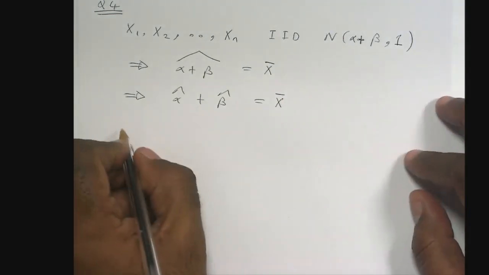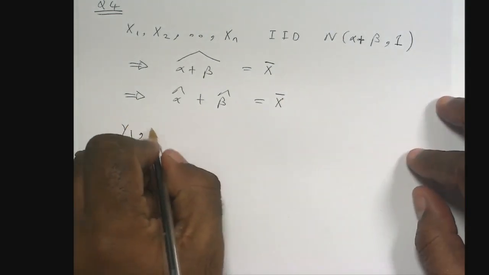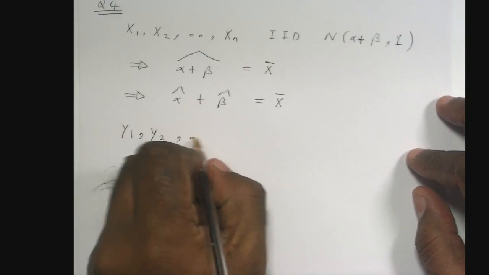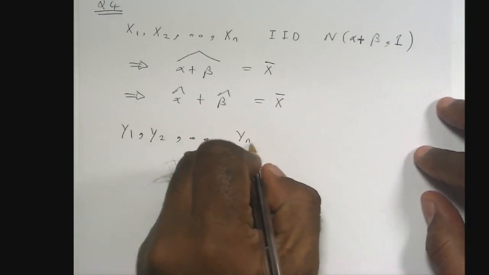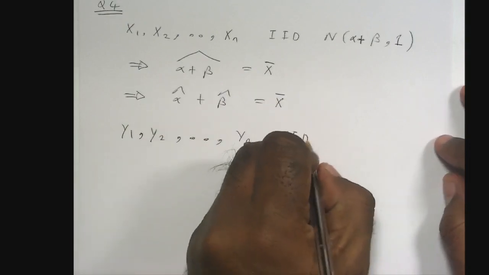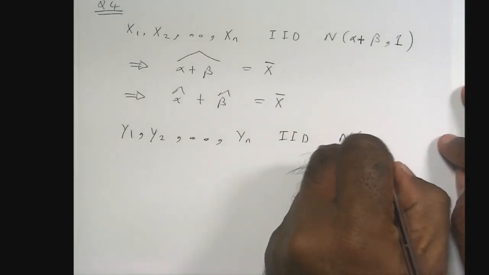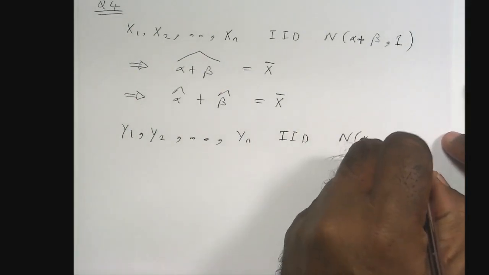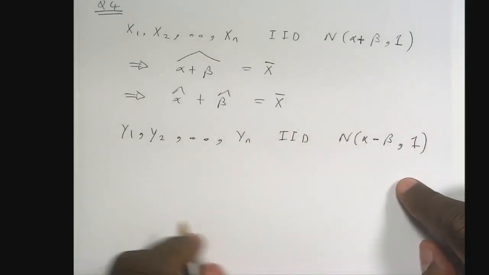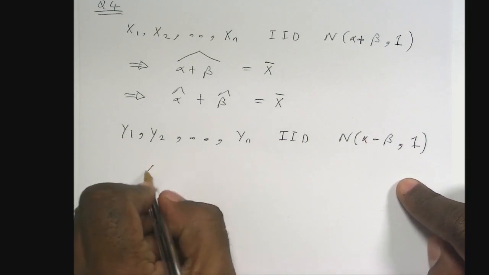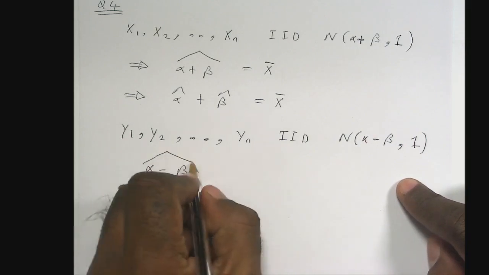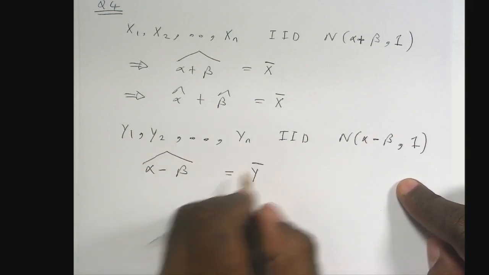And similarly, you have the second sample, IID normal with these parameters, right? So once again, by the same argument, the MLE for alpha minus beta is equal to y bar.